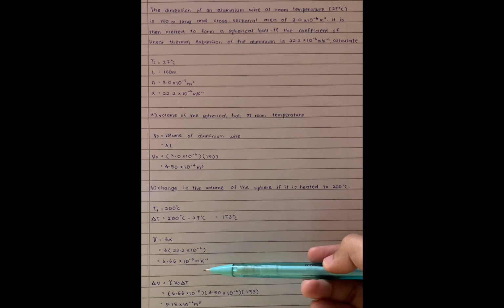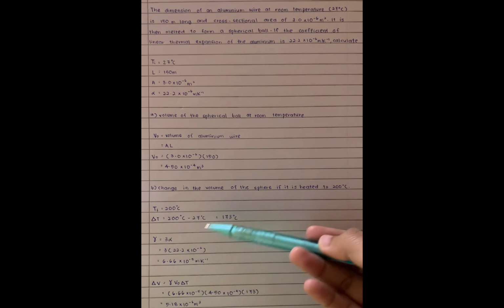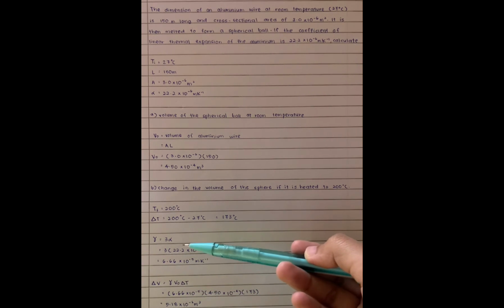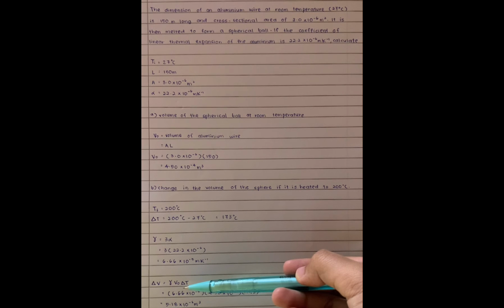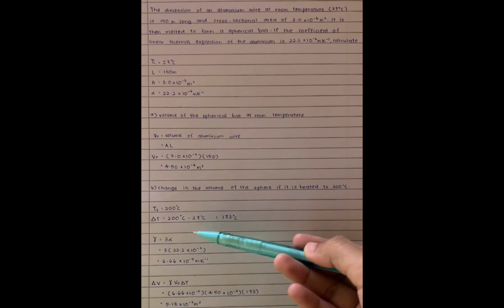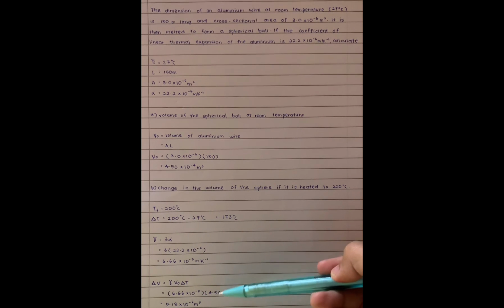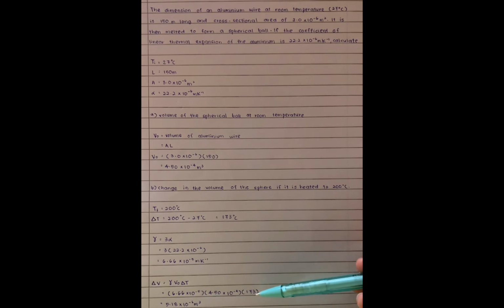Okay, untuk cari change in volume, kita guna formula gamma darab dengan initial volume darab dengan change in temperature yang kita dah cari tadi. So 6.66 darab 10 kuasa -5 darab 4.50 darab 10 -4 darab dengan 173, kita akan dapat 5.18 darab 10 kuasa -6 meter cube.